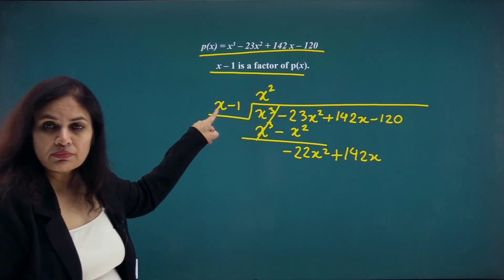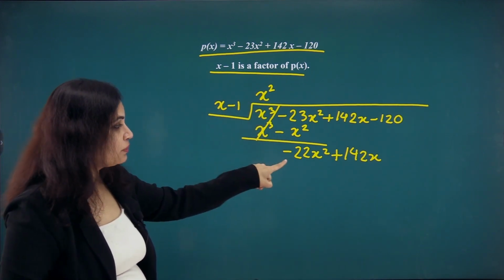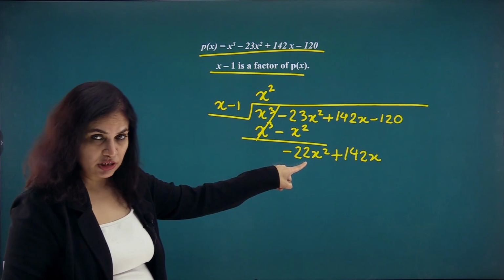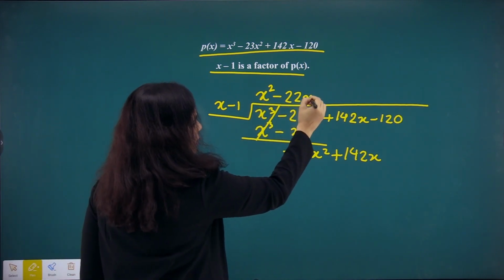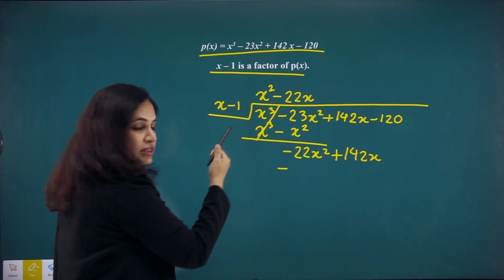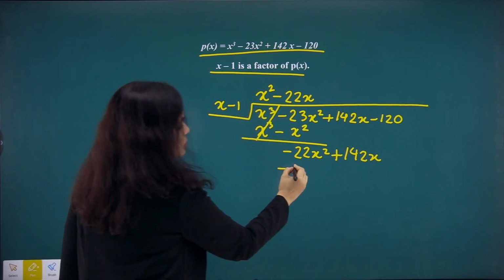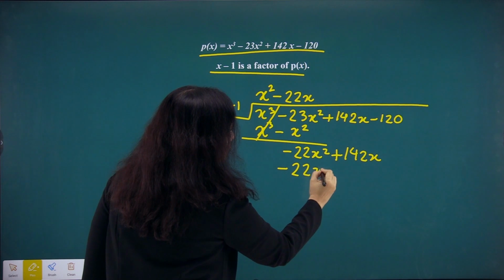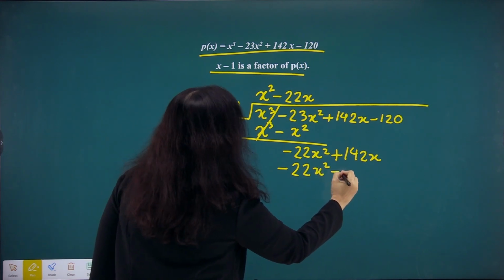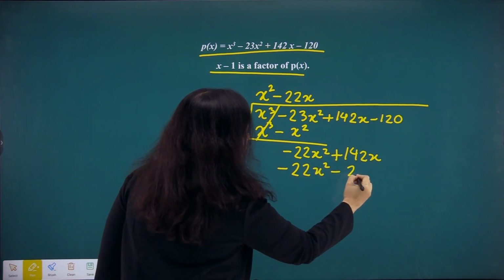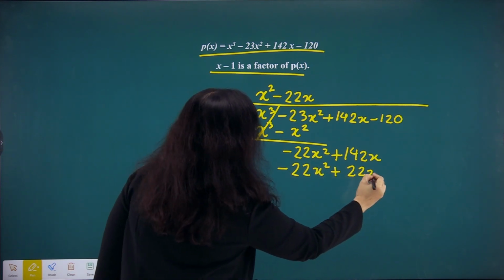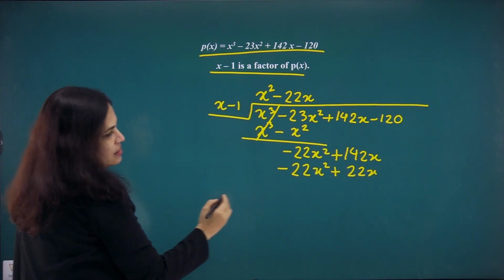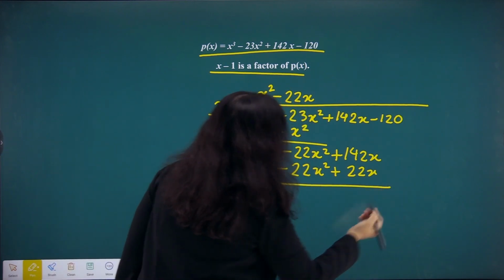Next, with which number shall I multiply x minus 1 to get minus 22x square as the first term, that is minus 22x. Now, multiplying minus 22x with x minus 1, I will get minus 22x square plus 22x, because minus 22x and minus 1 will give you plus 22x.